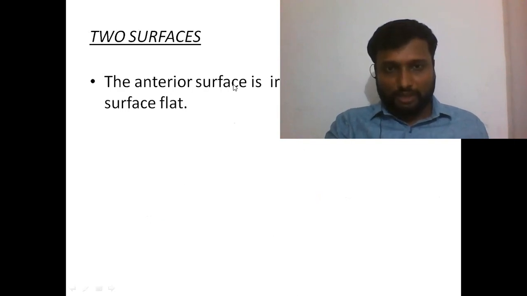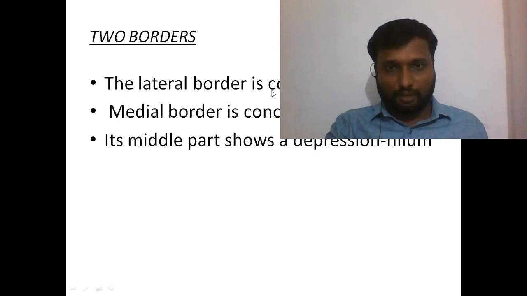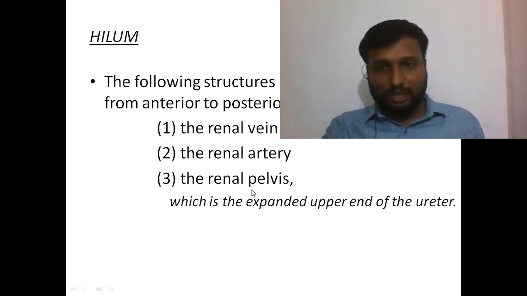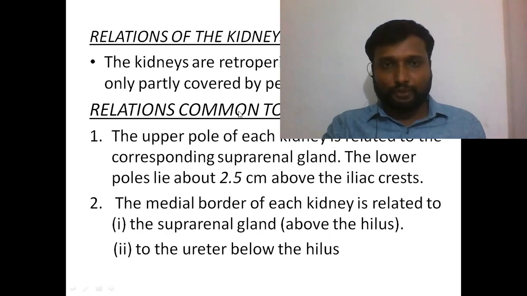The anterior surface is lobulated or irregular, and the posterior surface is flat. The lateral border is convex, and the medial border is concave, and the depressed part is the hilum. The structures passing through the hilum from anterior to posterior are the renal vein, then the renal artery, then the renal pelvis. The renal pelvis is nothing but the upper end of the ureter.